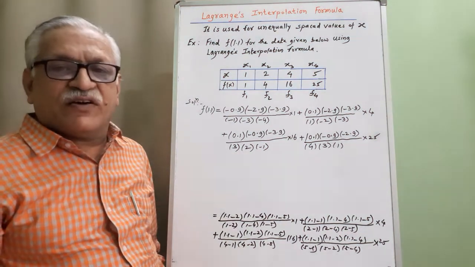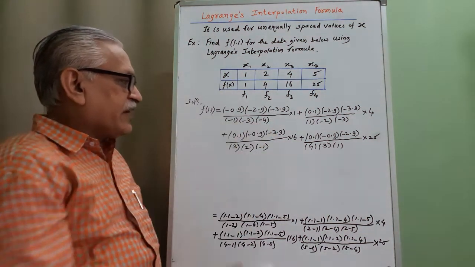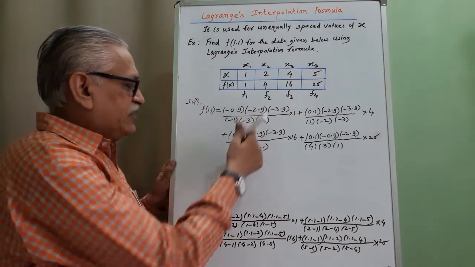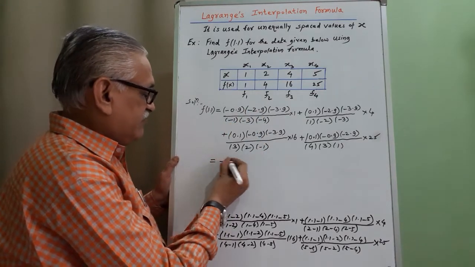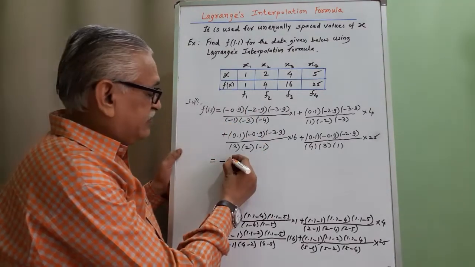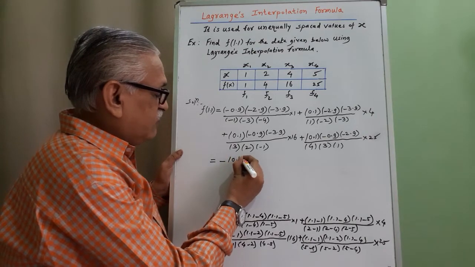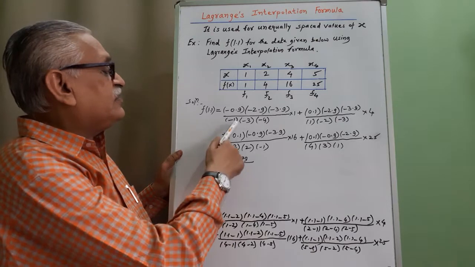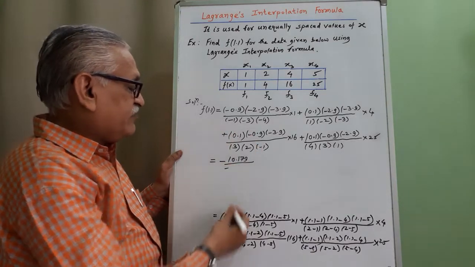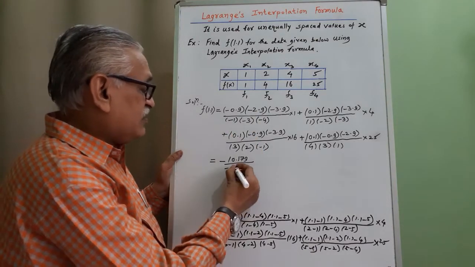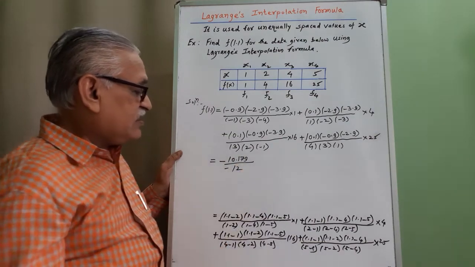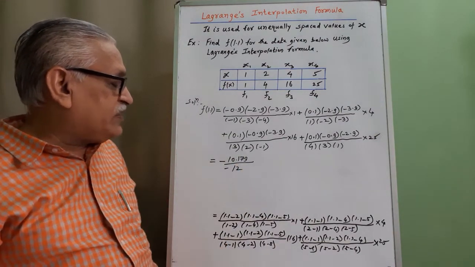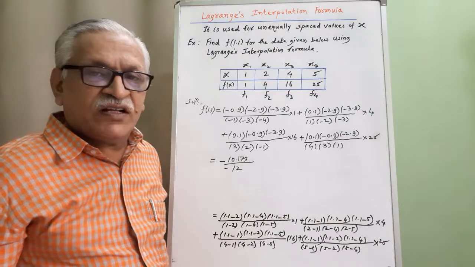Then we have to simplify it further by taking the product. Minus minus minus we get minus sign, 0.9 into 2.9 into 3.9 is 10.179, whole divided by, this is again minus, 4 3s are 12, therefore minus 10.179 divided by minus 12.